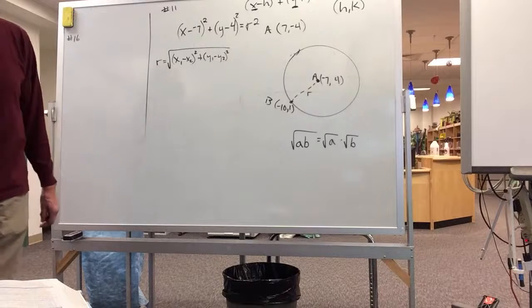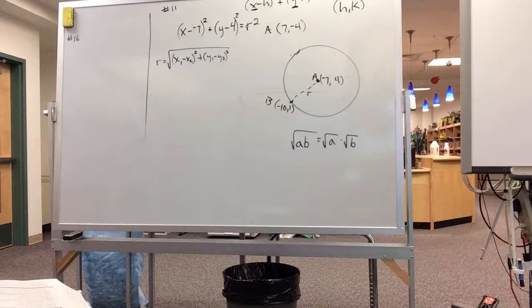Okay, keep going. Find that radius. And then you take out 18. Here's the triangle. Okay, well, 18 is equal to 1 times 18, 2 times 9, 3 times 6.